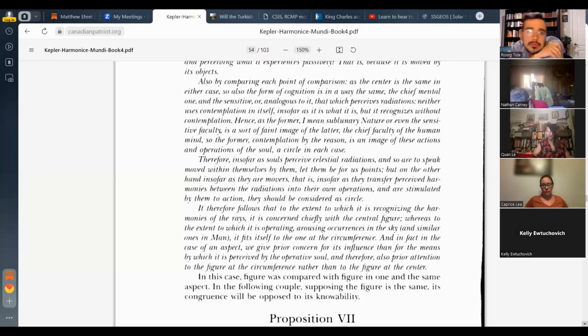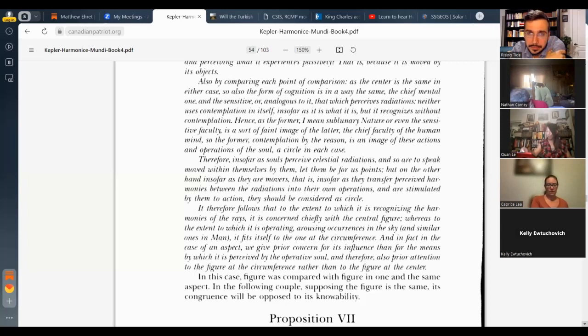But on the other hand, insofar as they are movers, that is, insofar as they transfer, perceive harmonies between the radiations into their own operations, and are stimulated by them to action, they should be considered as a circle.